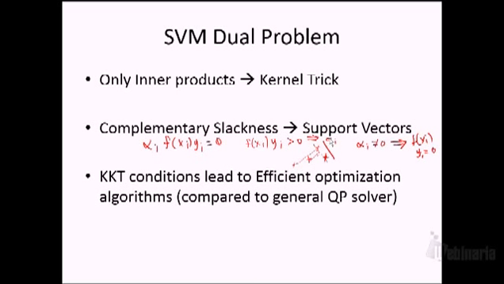And this is why support vector machines are categorized as what's called sparse kernel machines, in the sense that when you do prediction, you don't need all training data, as opposed to many other kernel-based methods. You need only training data that matters in determining the decision boundary, which are points that are on the margin.